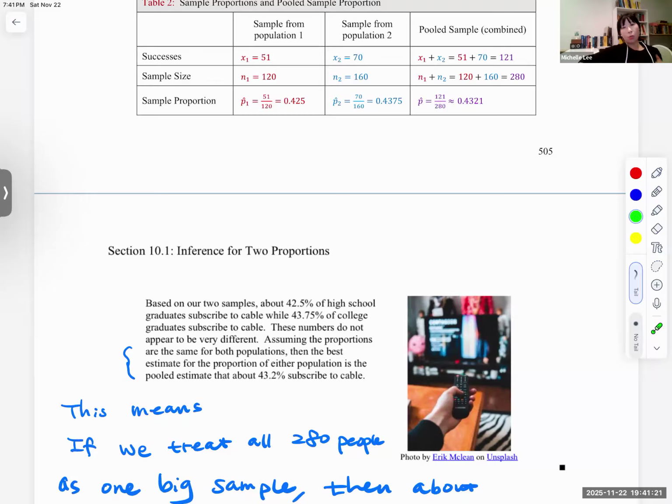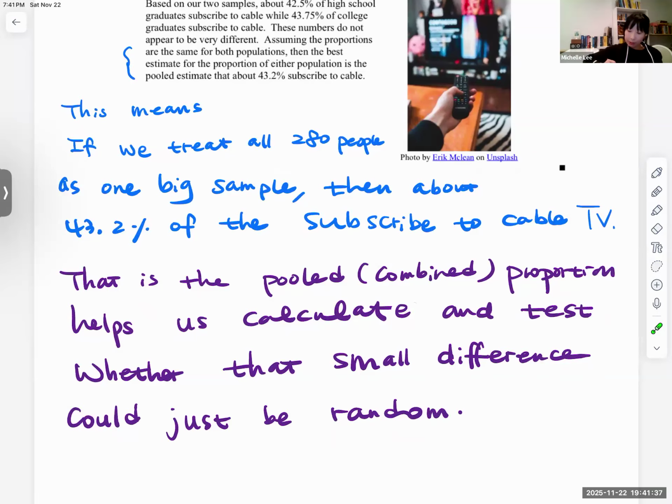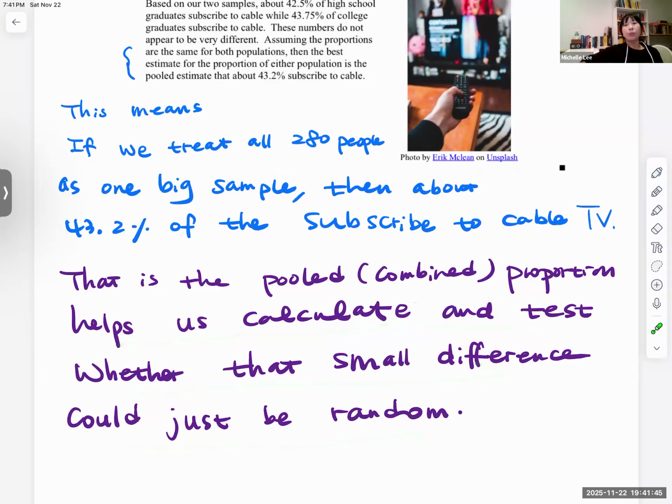Then that's not random chance. So that's a real proportion. So that's what we combine, the pooled estimate, combining the sample proportions. This helps us test whether the small difference could just be random.